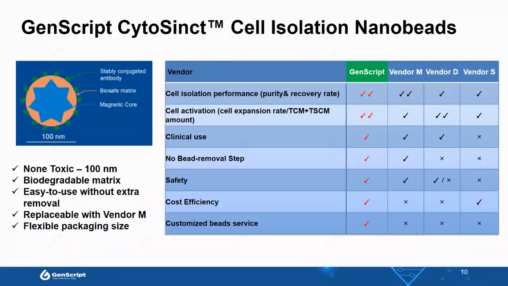Even though you saw the website says Allogeneic beads are 50 nanometers, when we use a more recognized characterization method, it is 100 nanometers. The size of our beads is definitely the same as Allogeneic beads, so there shouldn't be any concerns about this.